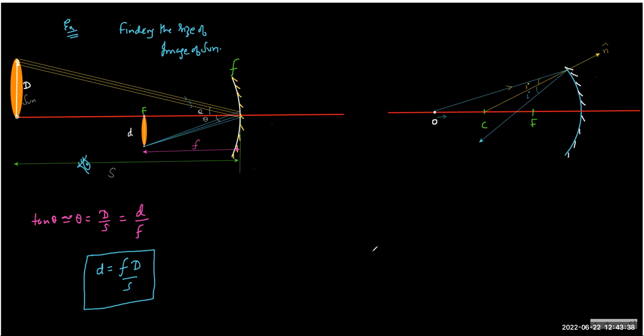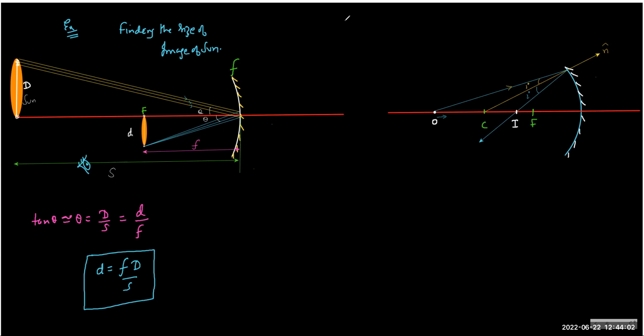Do you realize this? And as i decreases, the reflected ray will move towards which point, C or F? F. Very good. Excellent. As i decreases, the image will shift towards F.